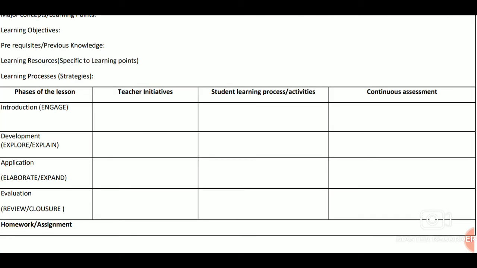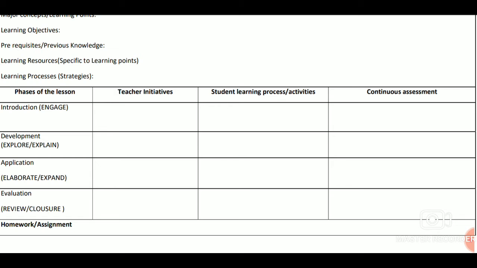Next is the continuous assessment part, in which we need to write all the techniques or all the tools that the teacher utilizes to assess students' understanding while the classroom teaching learning process is going on, which means it is a continuous process. After every concept, the teacher tries to understand if the student has understood the concept or not.